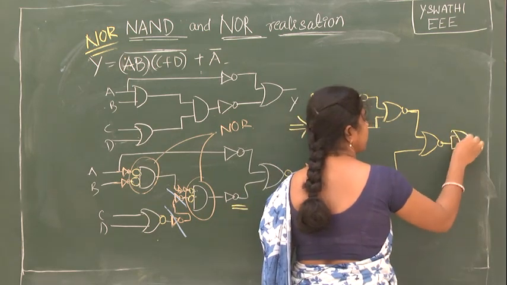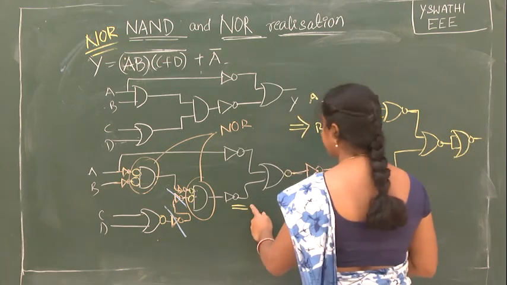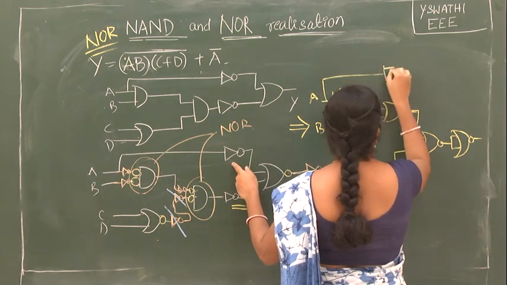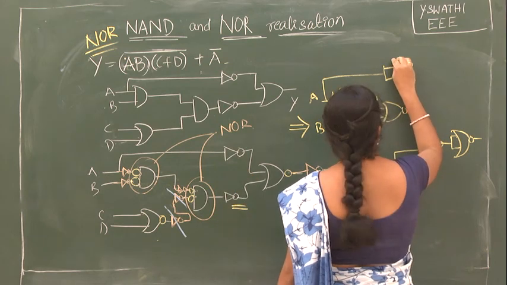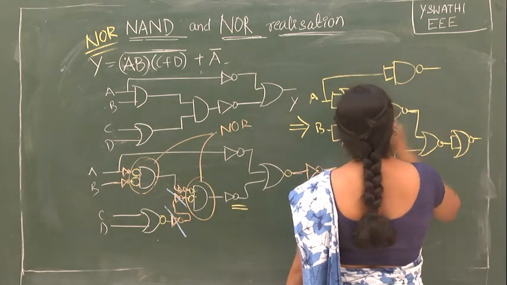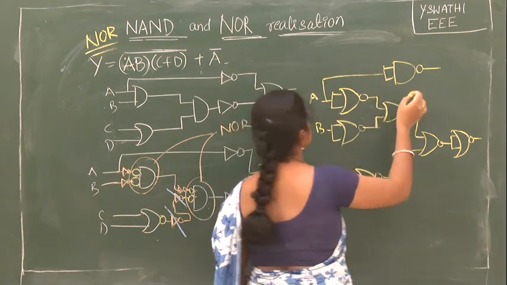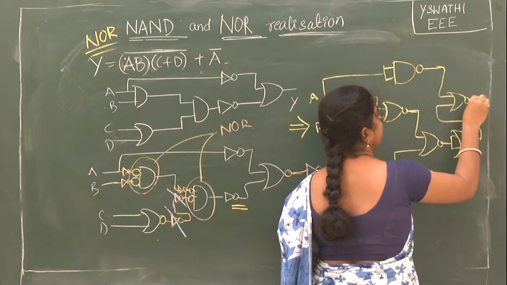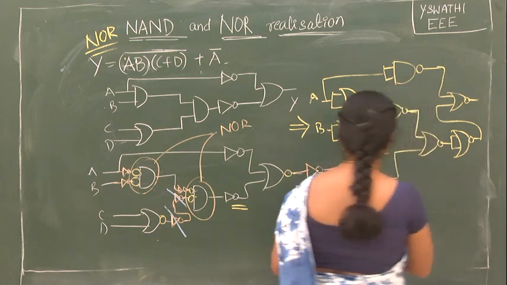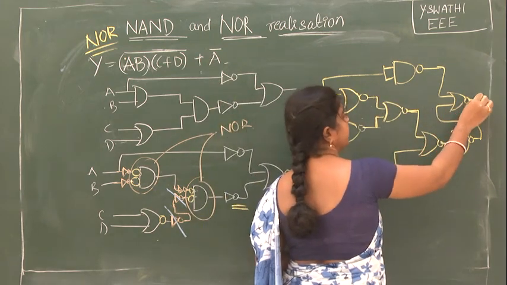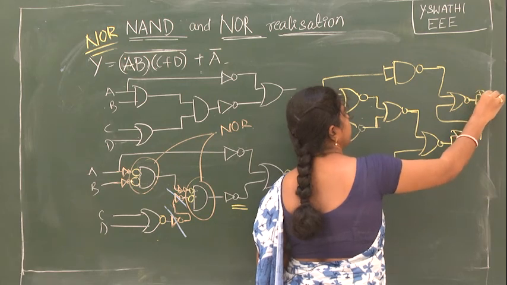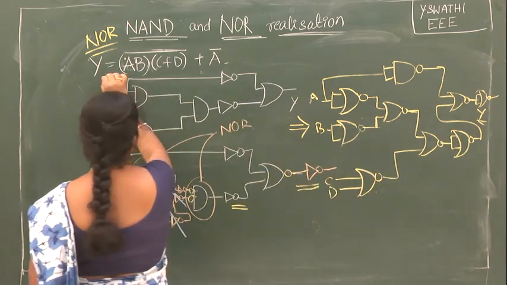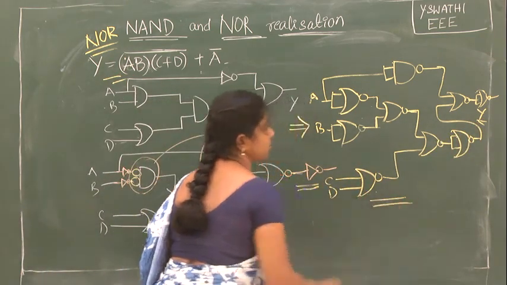Here we should complement with a NOR gate. Here also an inverter is there. Or you can take the input directly like this, and these two are given to a NOR gate. And at last we have another NOT gate, which can be represented with a same input NOR gate. This will give you the expression Y in terms of NOR gate realization.